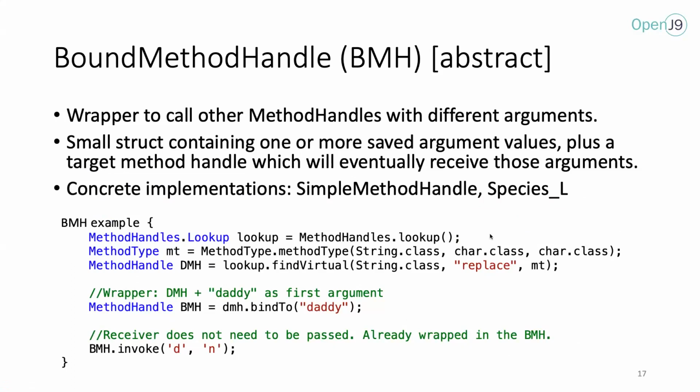In this example, we just modified the example we saw in the previous slide. This time we save the first argument string, and then we get a bound method handle that has this argument saved, and then we call invoke with the arguments following that, and we achieve the same results as when we were using the direct method handle, except this time the argument is saved.